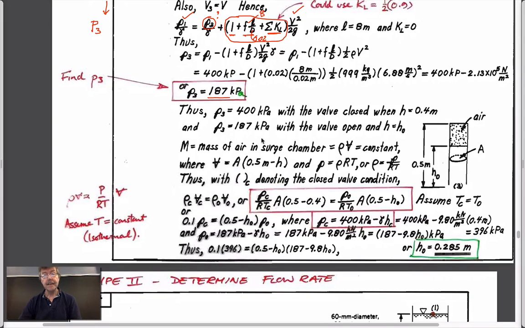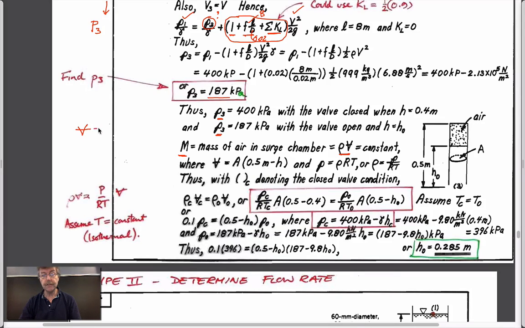So what we can do then is this kind of complicated view at the bottom, but it's drawn out here. We know that the pressure at the bottom of the column has changed from 400 kPa to 187 kPa. We know that the mass of air within the surge chamber is the same. Mass of air is defined as the density multiplied by its volume.